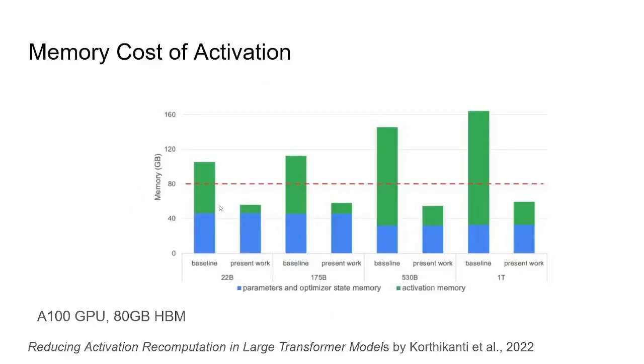Even when we know that we only need to save a subset of these intermediate values, even that is quite challenging for large scale models. This graph is from the paper given below. Let's look at the first case, for a 22 billion parameter transformer model.